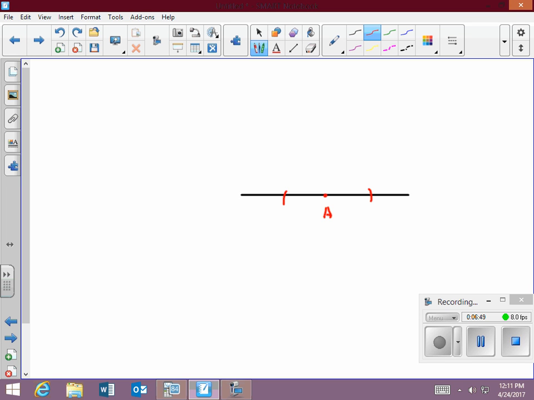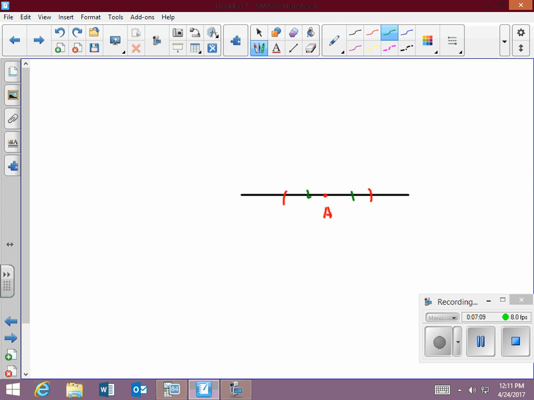You've essentially established that these two are congruent.